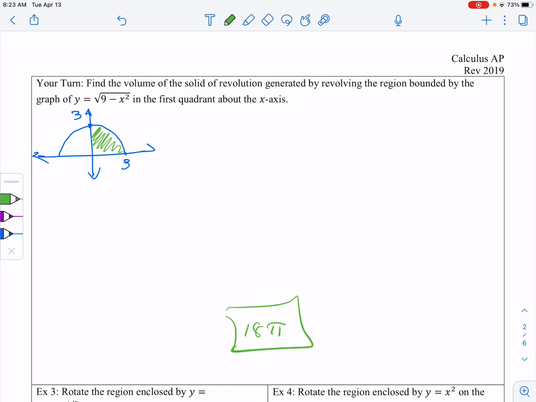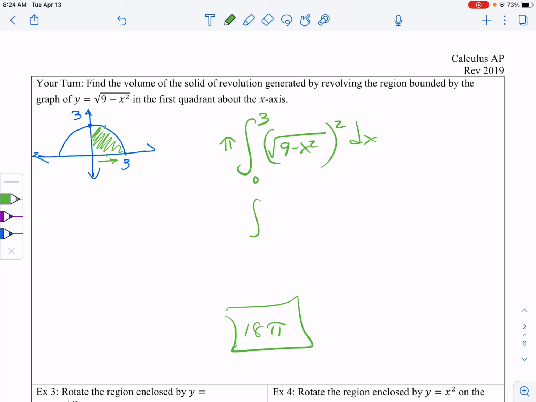It's already solved, so I'm going to integrate from 0 to 3, because I'm on the x-axis, I'm going that way. It wouldn't matter. Times pi. The equation's already a y equals, so it's 9 minus x squared. That's the distance from here to here. Then you square it.